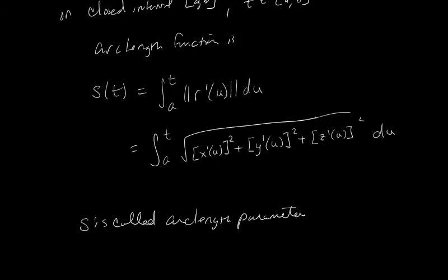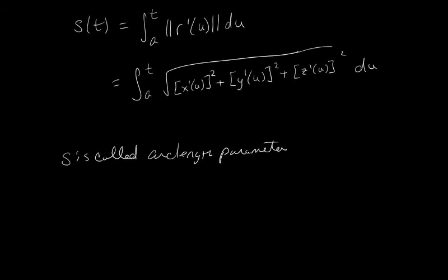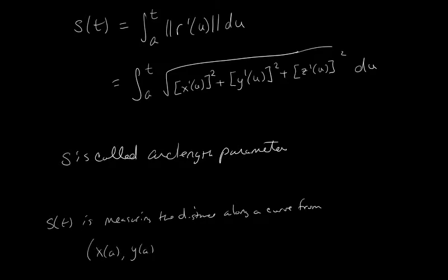So what this formula is doing is, s of t is measuring the distance along a curve from the point x of a, y of a, z of a, which is our initial point, to the point x of t, y of t, z of t.